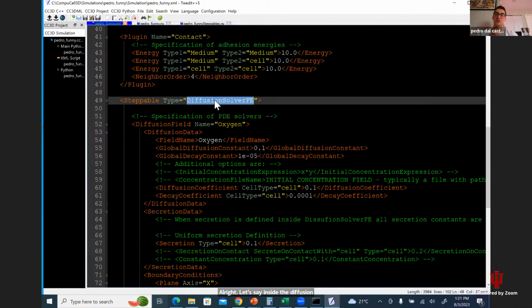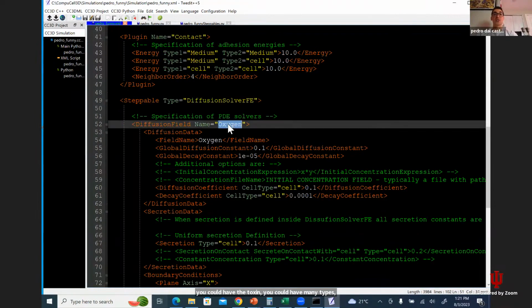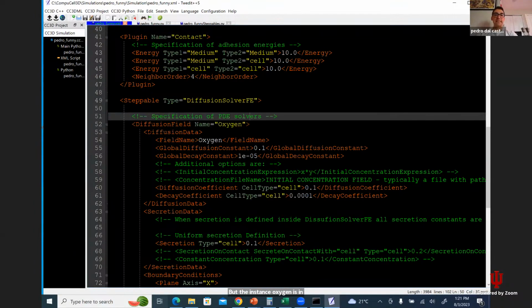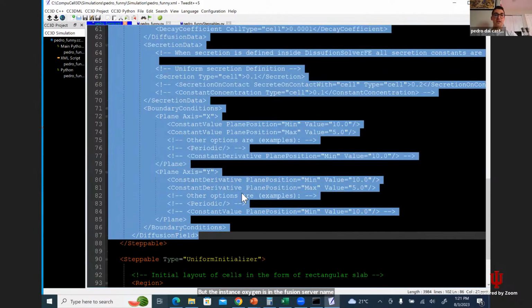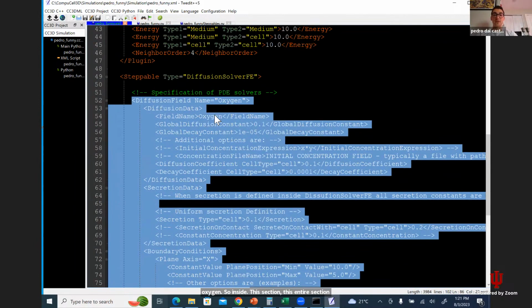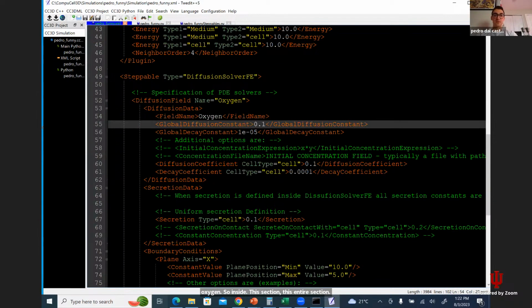You could have the oxygen, the nutrient, the toxin, many instances of a field here. But the instance oxygen is in diffusion solver name oxygen. So this entire section contains all things belonging to this field instance.